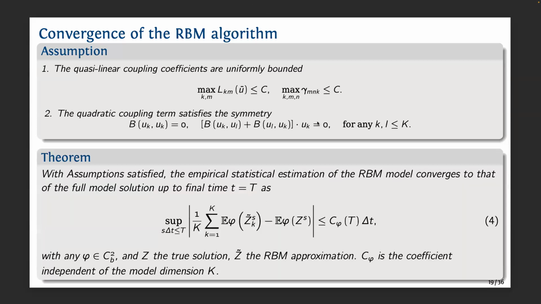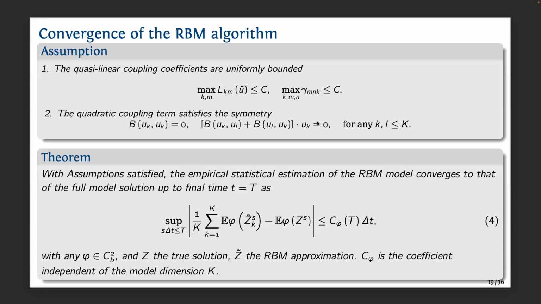And we can show that, so Z is the original stochastic state, the expectation of the original state is equal to the empirical average of the prediction using the RBM approach. And the error is bounded by the time step, which is also consistent with our intuition.